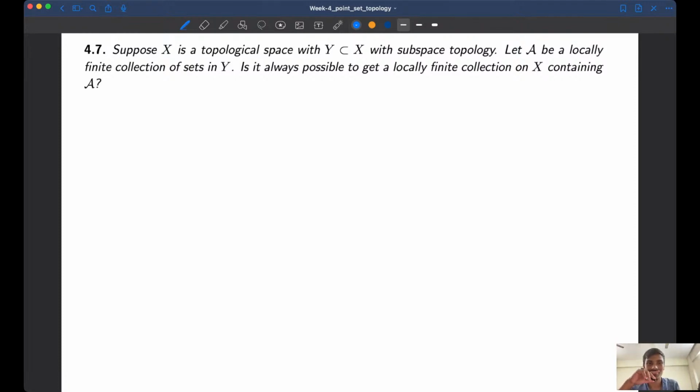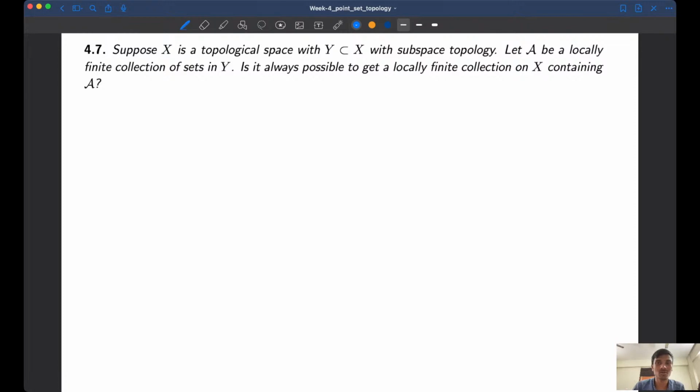Containing A means you may have some bigger locally finite collection inside X, but that also includes the elements of A.